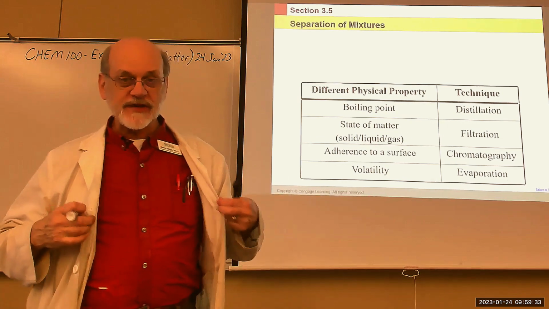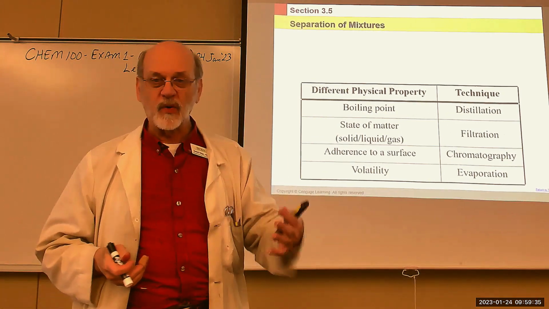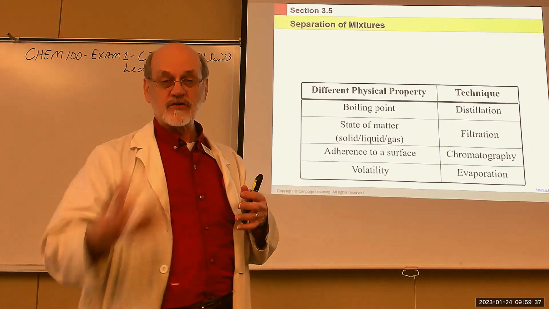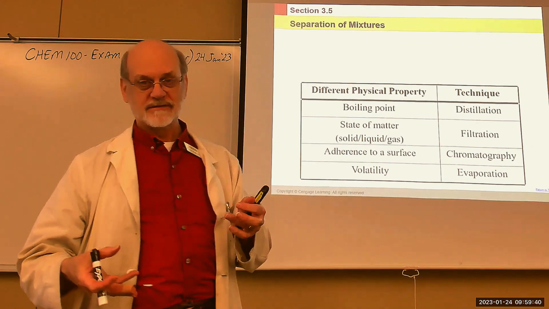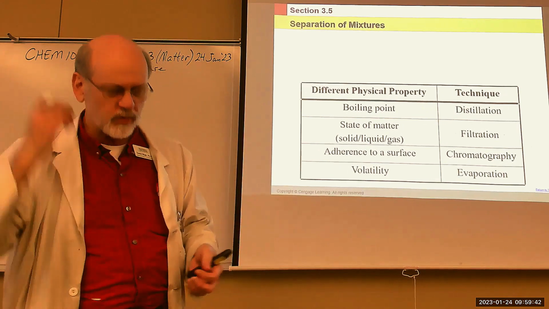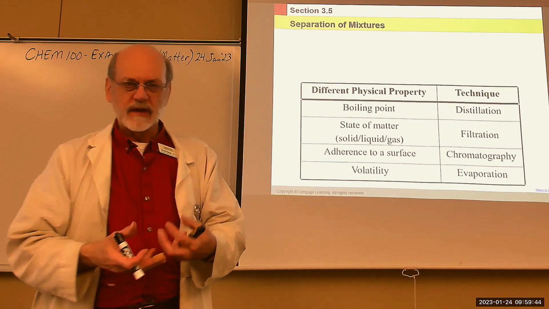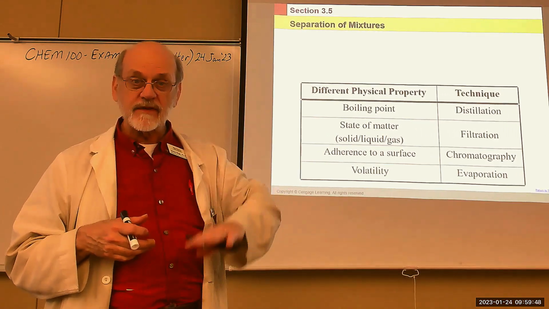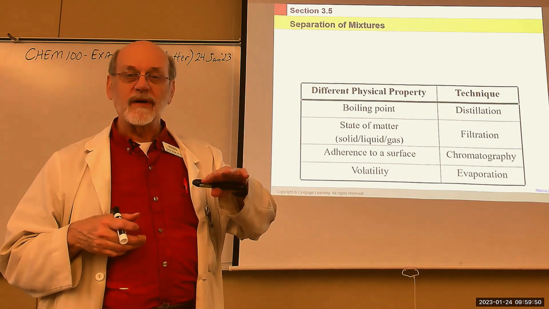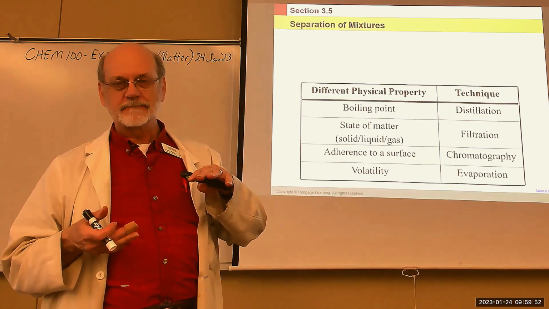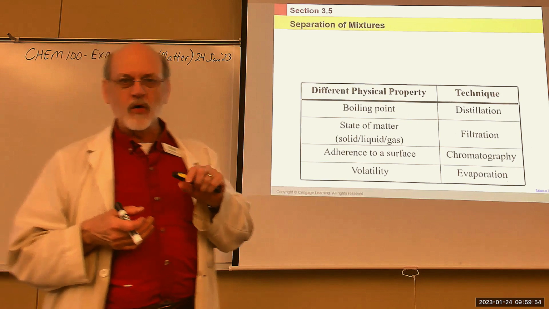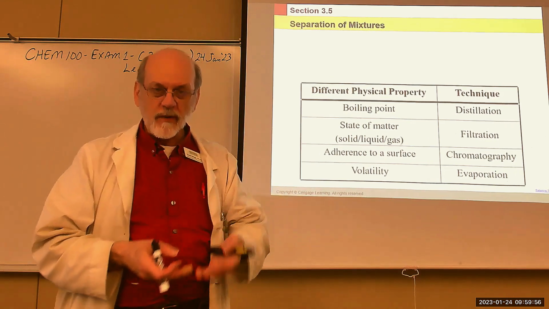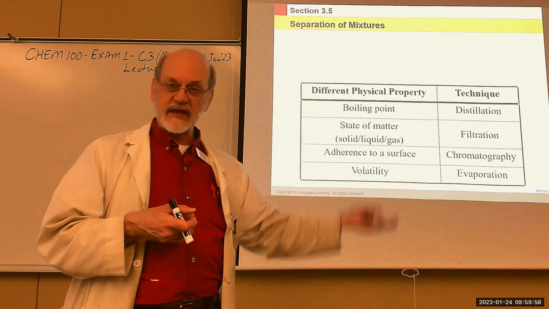If you are separating a mixture based on boiling point, the technique that you're using is called distillation. You will take the mixture, heat it up, and the substances in the mixture will boil at different temperatures. So the more volatile ones will come off first, and then you can condense them and catch them.